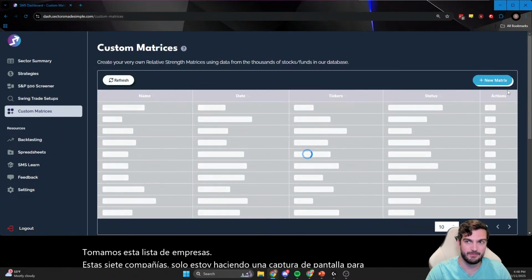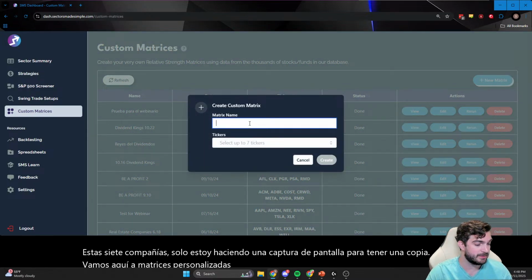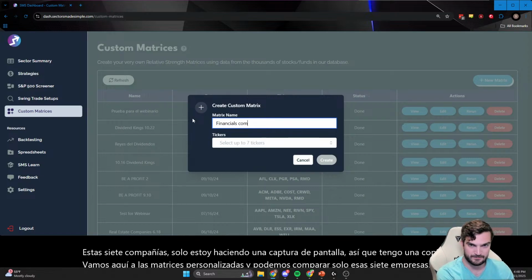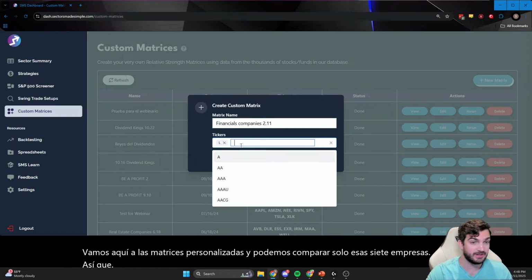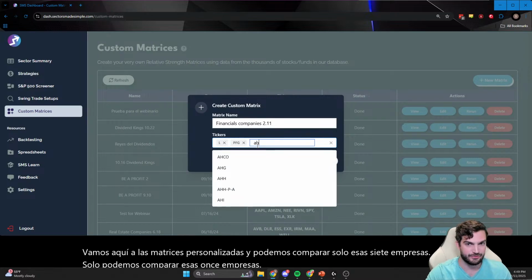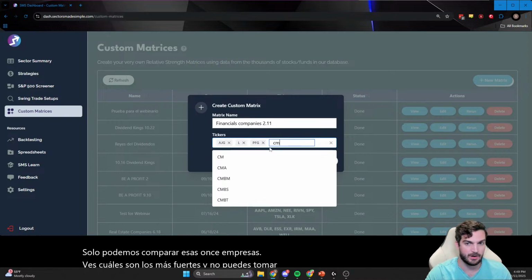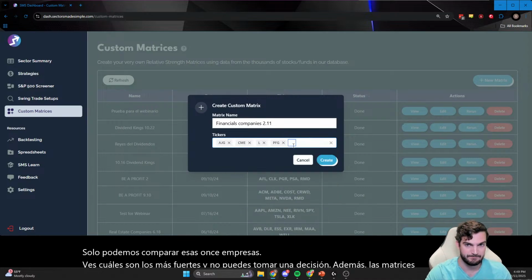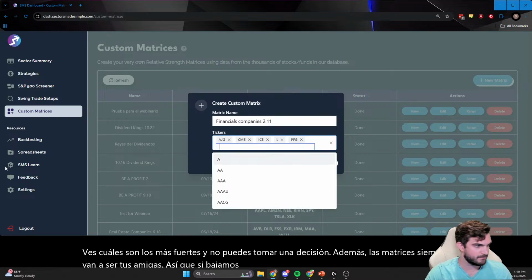We go here to custom matrices, and we can compare only those 7 companies to see which ones are the strongest. When you can't make a decision, custom matrices are always going to be your friend. So if we go down this list, we can add in those companies.